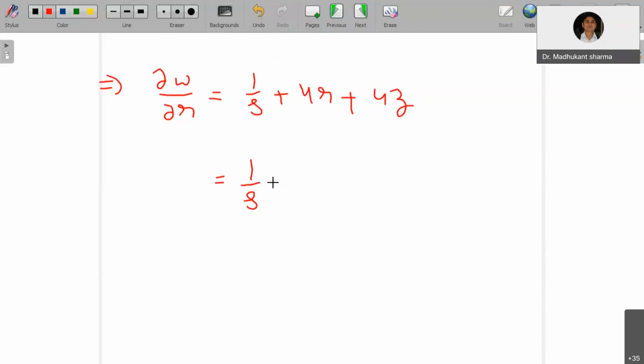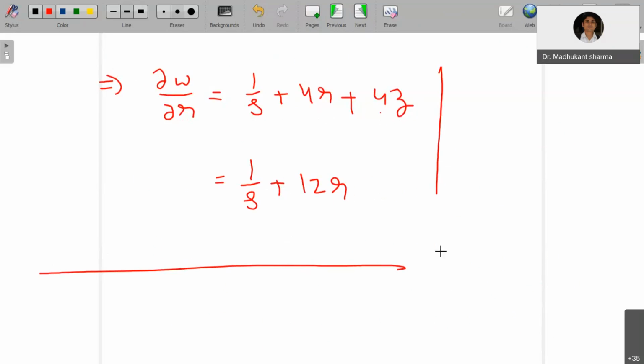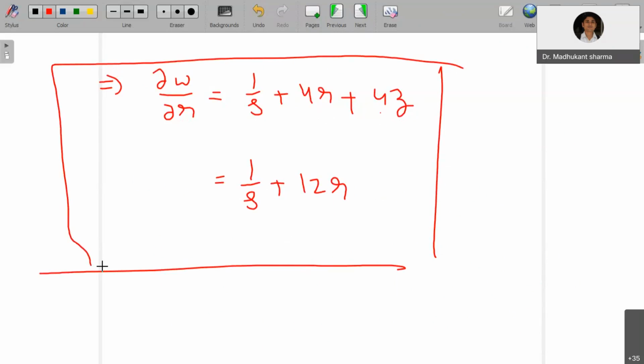So 1 by s plus 4 into 2 is 8r, 8 plus 4 is 12. So this is the final expression in r and s. Either you leave it in r and s form or you leave it in x, y, z. Similarly, you can find dou w by dou s. I think that's not required for discussion here. If it is required, we will see it in the tutorial.